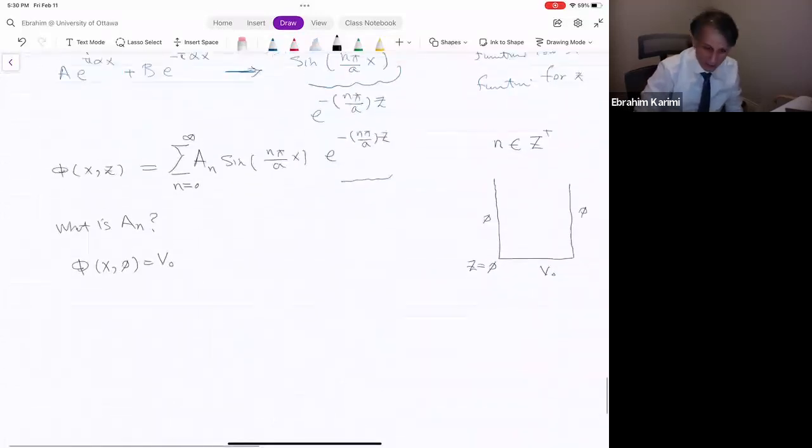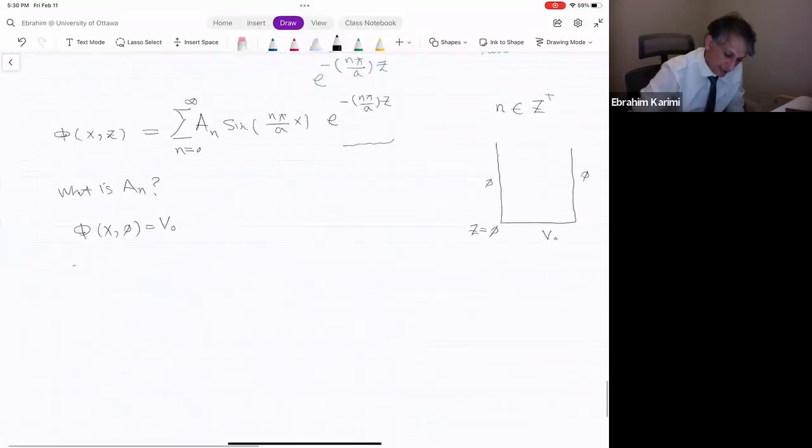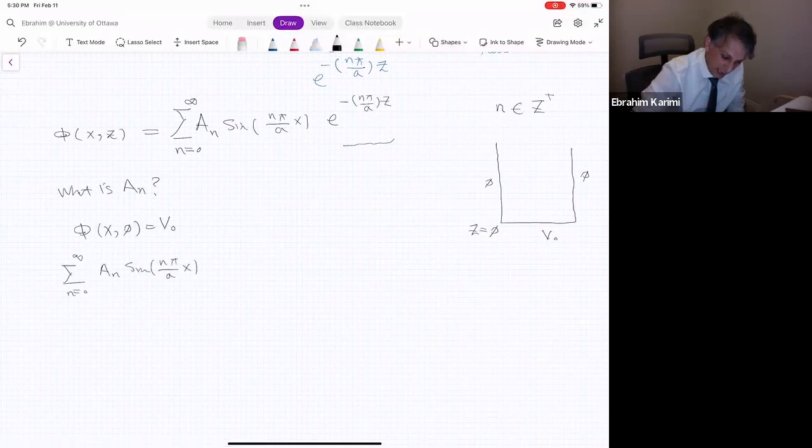And from here, you will get an. So the relationship will be the summation of n equal to 0 to infinity of an sine of n pi over a x. That will be equal to v0, because z is equal to 0.